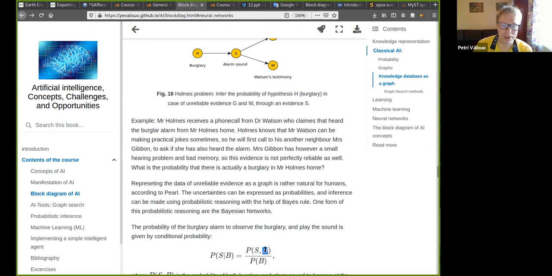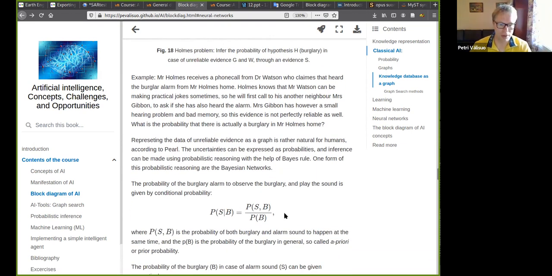That both happened, yes, that the alarm system was switched on and there was a burglary. And you can calculate the number of cases of burglaries in this area and the number of alarms while there were burglaries in this area, and calculate this probability as well. So then you know the probability from the burglary to the sound.